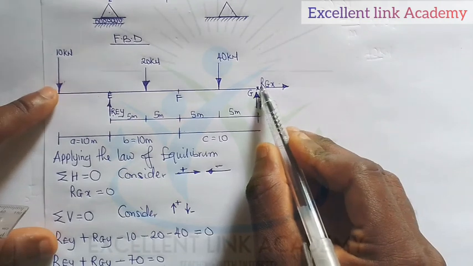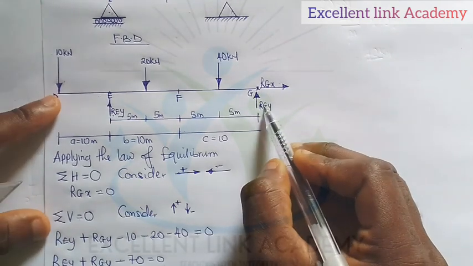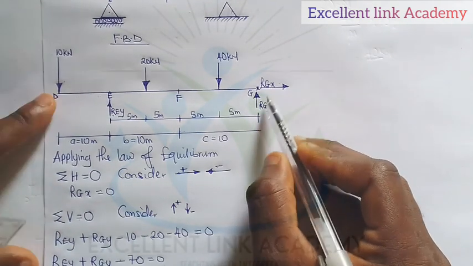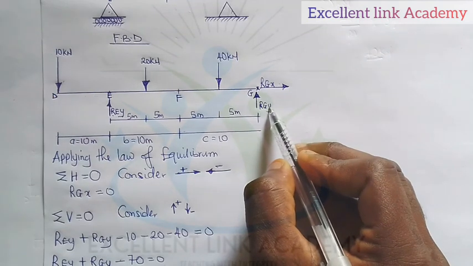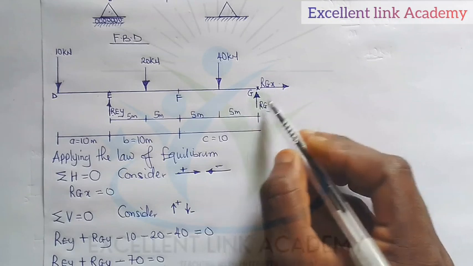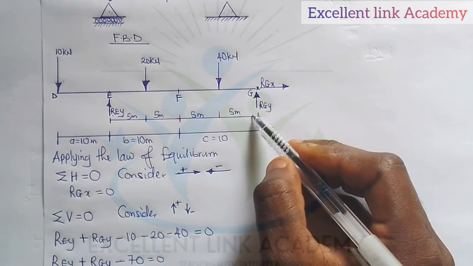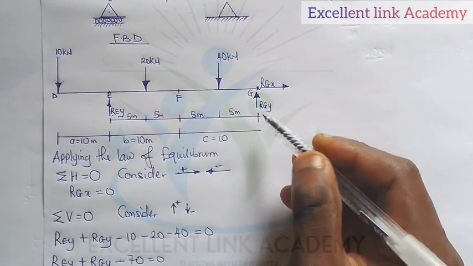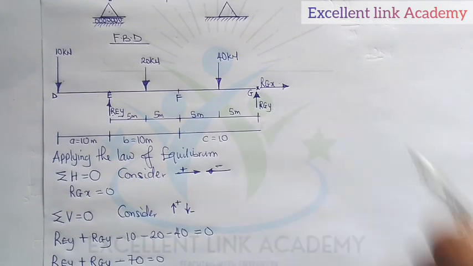So hence RGY is 0, RGX is 0. Why? Because we are taking moment at this point, so everything becomes 0. Right? So my next task now, having considered this to be 0, let's proceed.